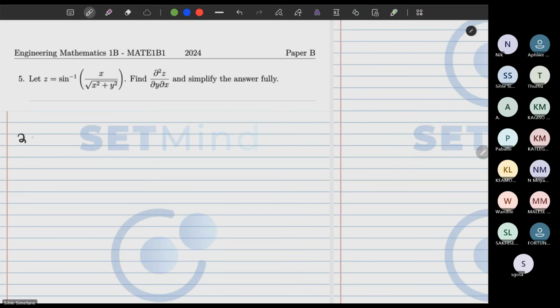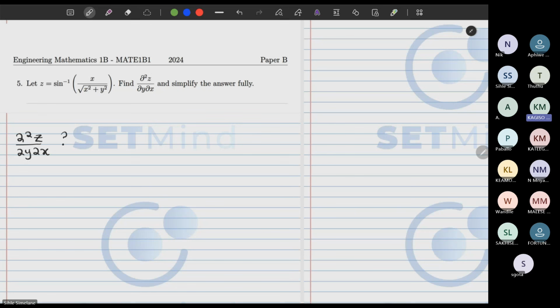Any volunteers? Go ahead. What do they require us to do there, guys? You can go ahead, Kahiso. I think we must get our second derivative in terms of y and x.